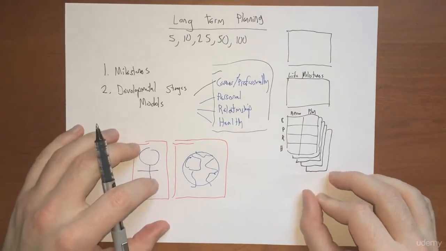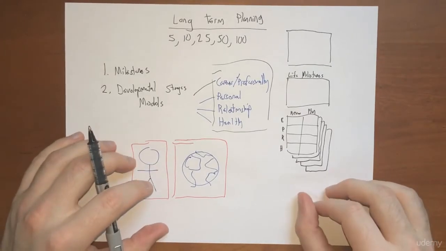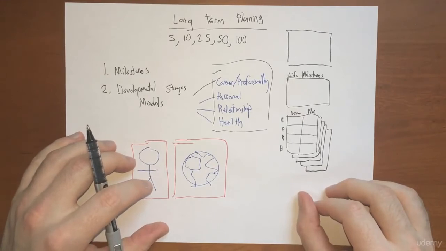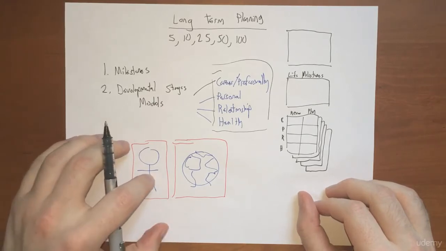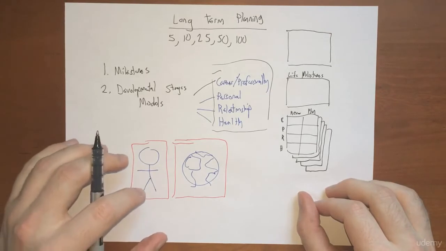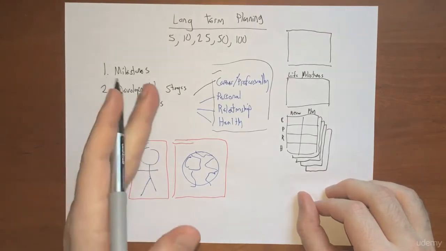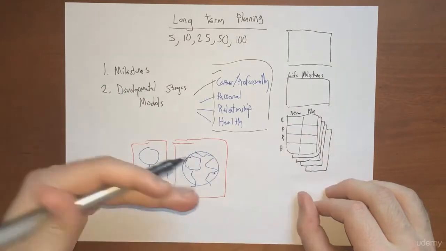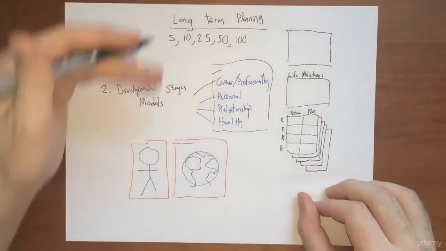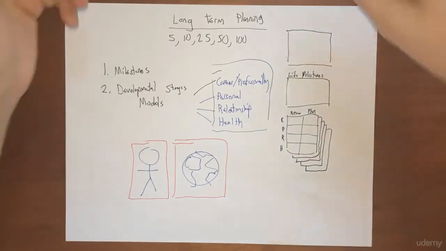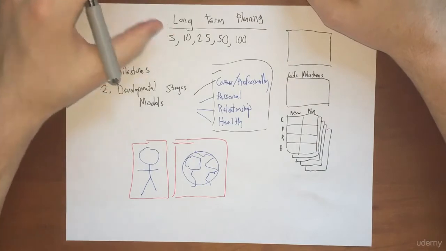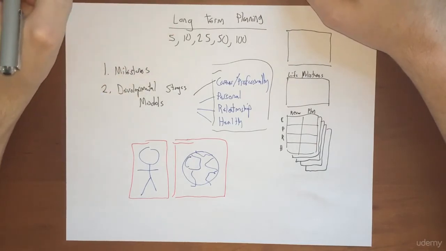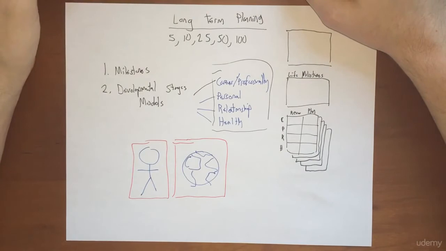There's some very powerful models here. And this is a course that I actually crowdfunded. So this is something that there was interest in ahead of time. I created this course because there were questions on the previous course on, well, what do you do beyond planning year to year? And how do you know how to think about year to year planning? So the interesting thing I found developing this course is there's really very little, if anything, out there on how to do this type of long-term planning.